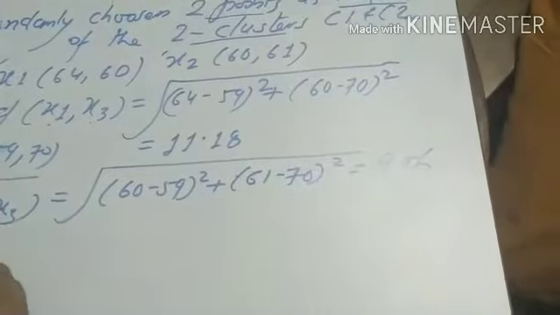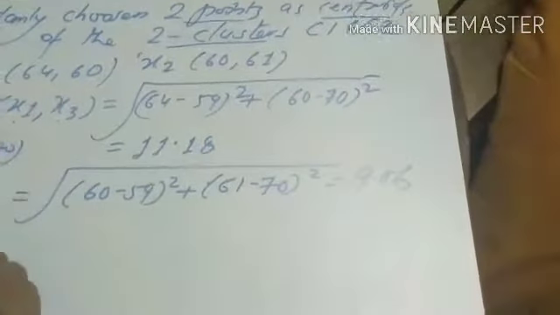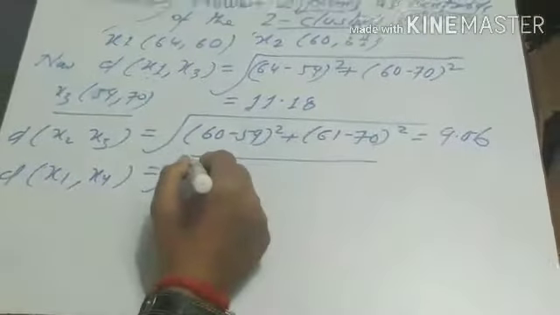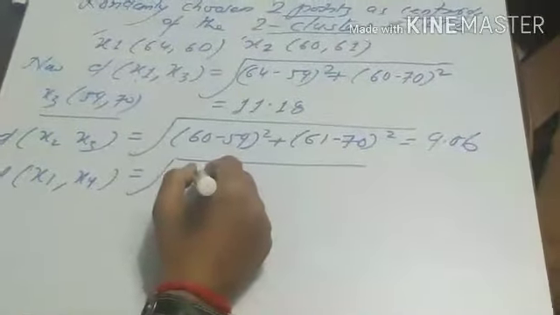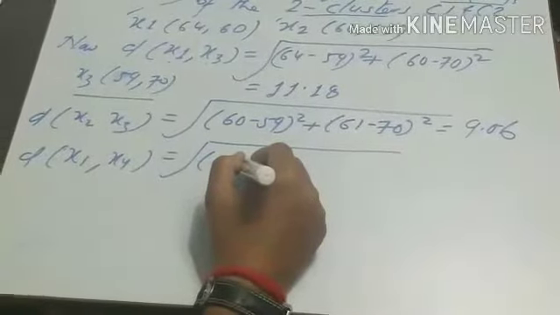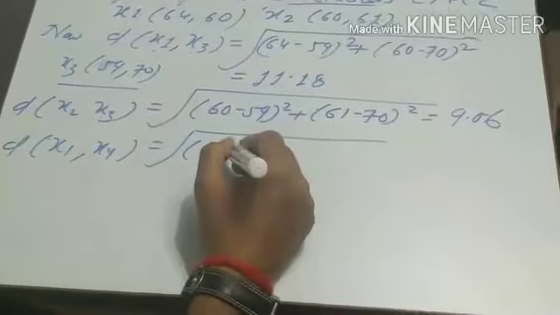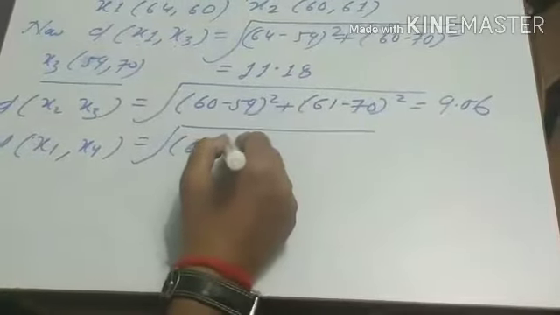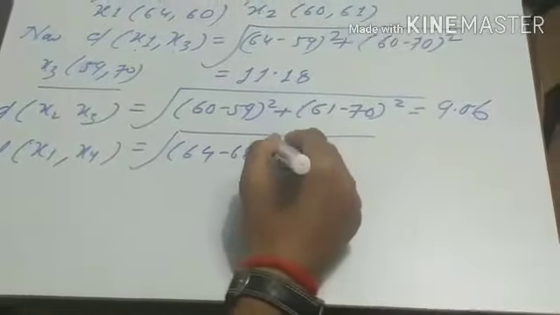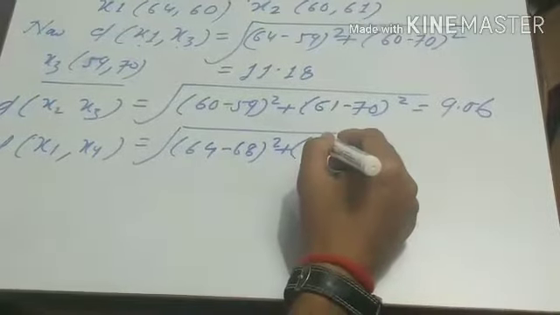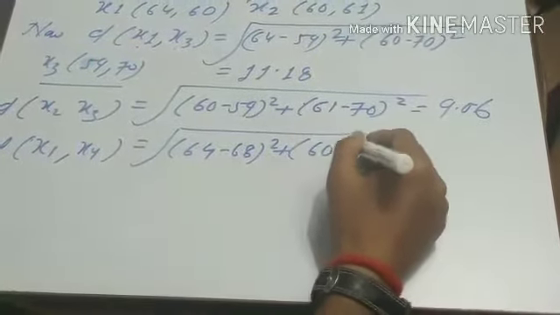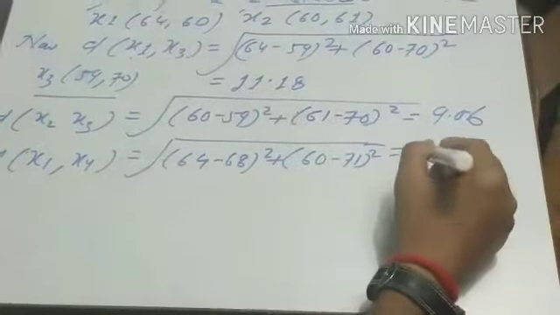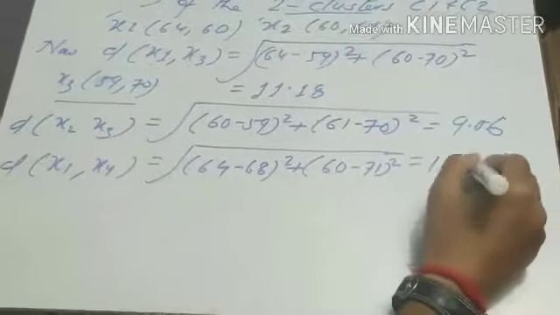Similarly, we find the distance between x1 and x4, which is the square root of (60 minus 64) whole square plus (60 minus 71) whole square, and we get a final value of 11.7.